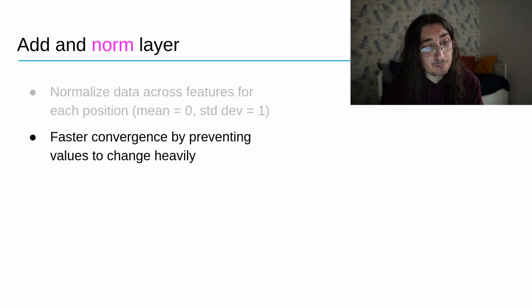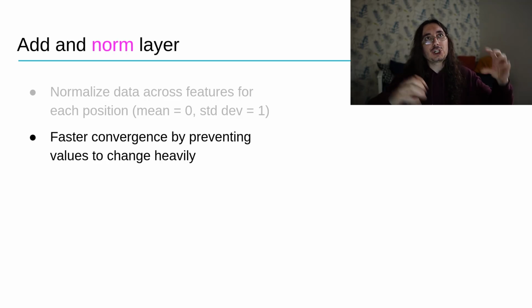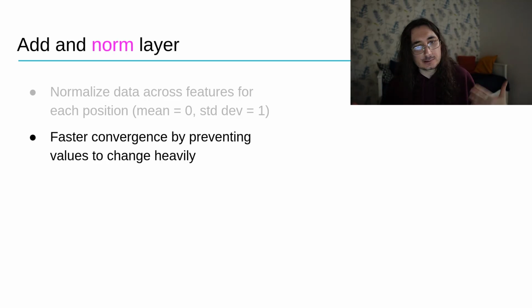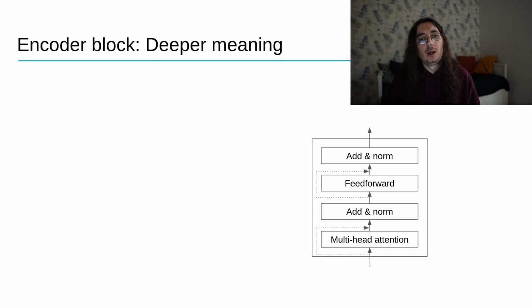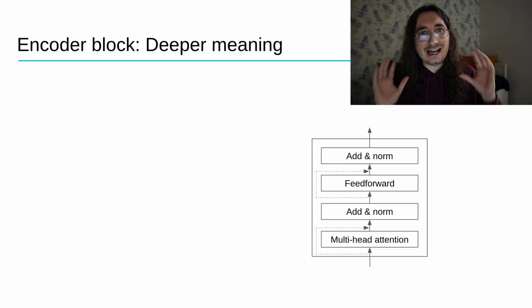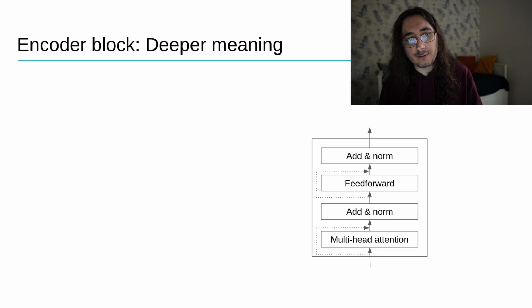We do that because with normalized data, there's going to be faster convergence, learning is going to be way easier, and this will happen because we prevent the values from changing dramatically from one layer to another, and all of this is going to make convergence way faster. Okay, you guys, so we now have a very good understanding of the overall encoder block.